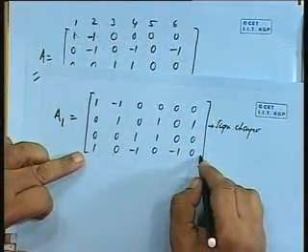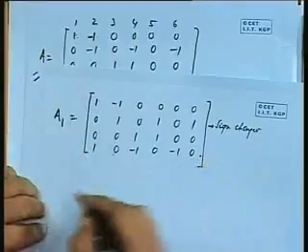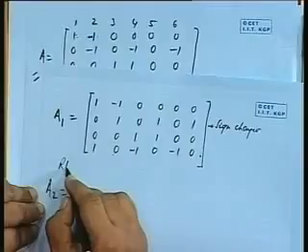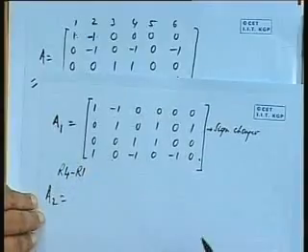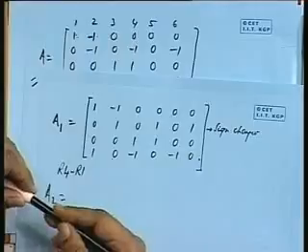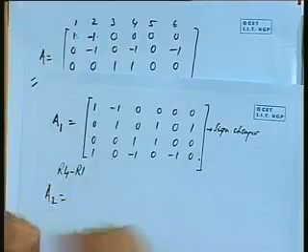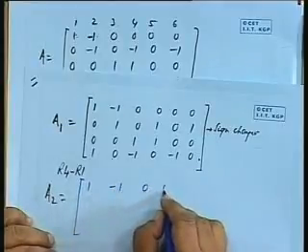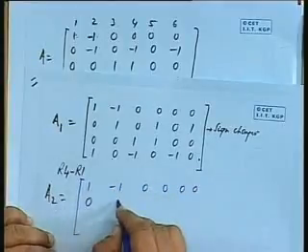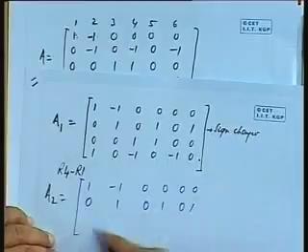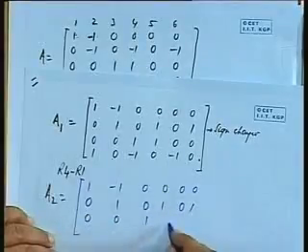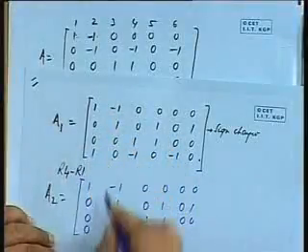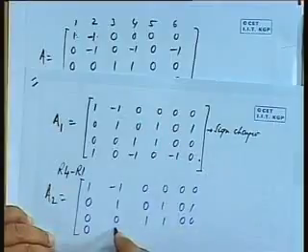If I subtract row 1 from row 4, A2, we get 1 minus 1 0 0 0 0, 0 1 0 1 0 1, then 0 0 1 1 0 0, then this minus this will give me 0, then 1.